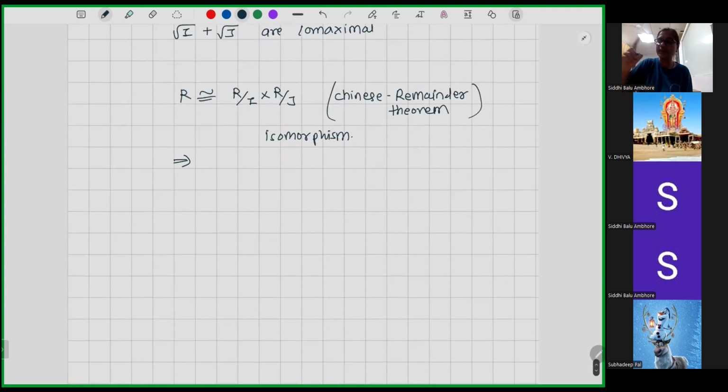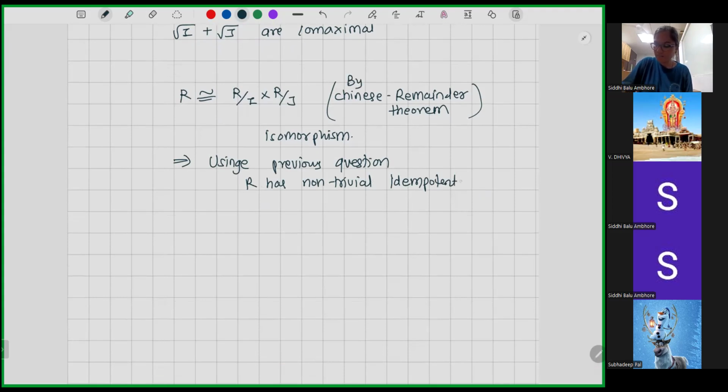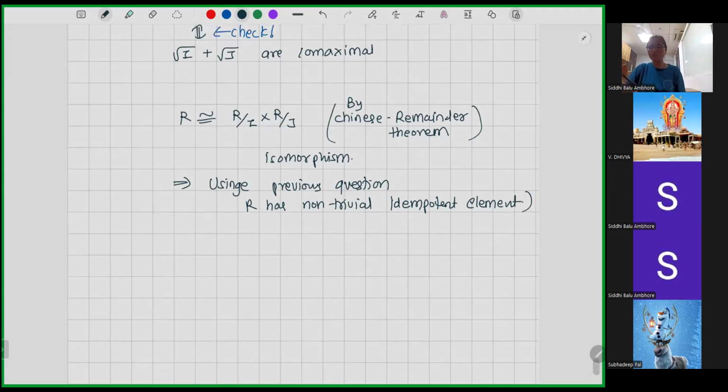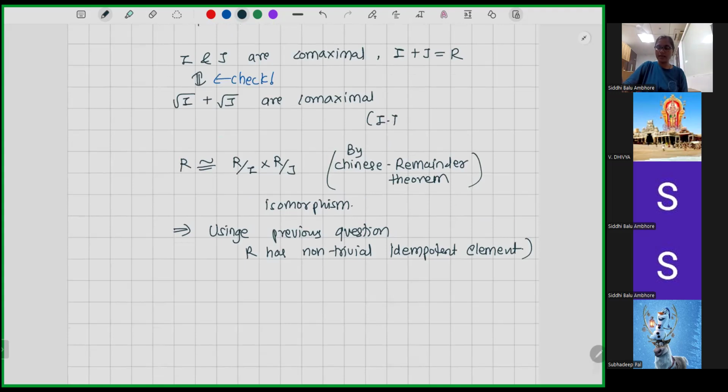So these imply, again by using the previous question, that R has a non-trivial idempotent element. And this co-maximality and I1 into J1 becoming 0 in the radical will help us apply the Chinese remainder theorem.